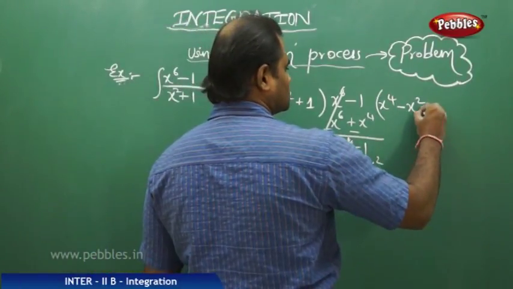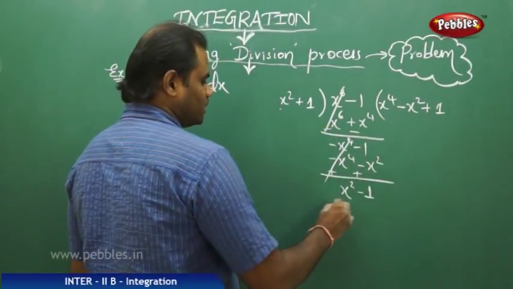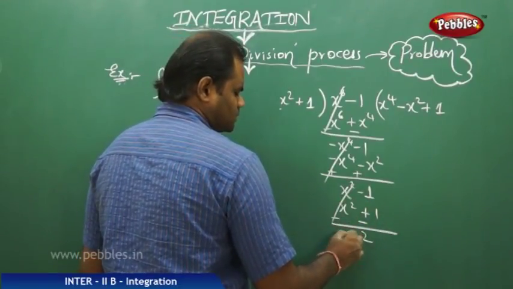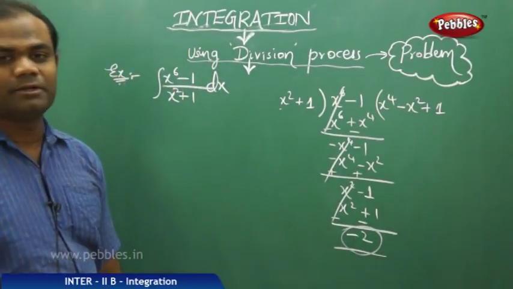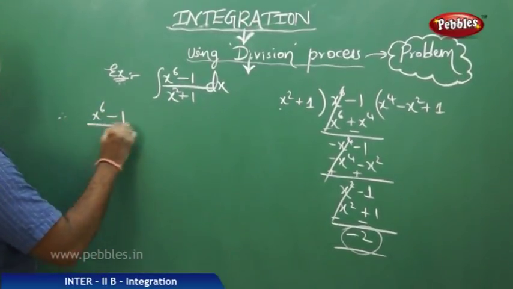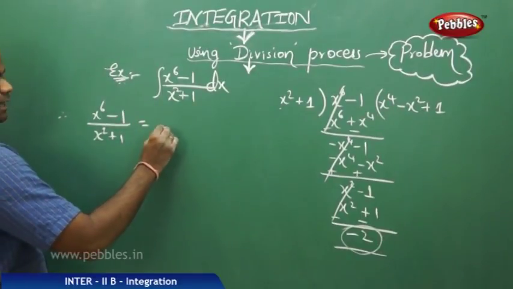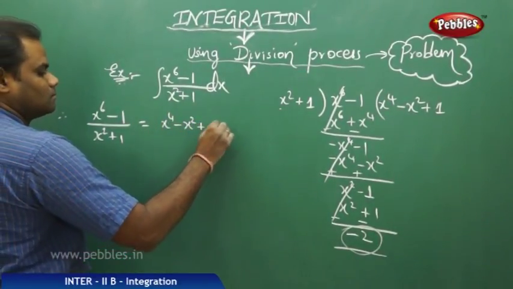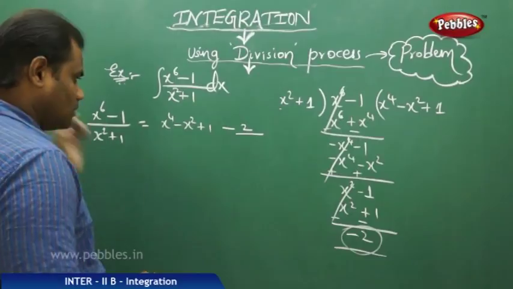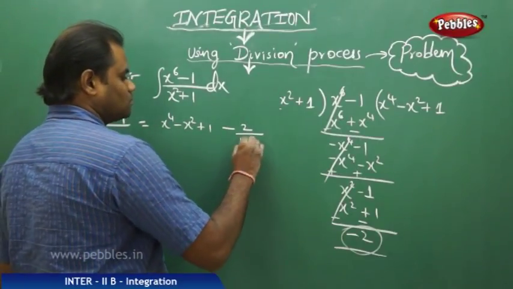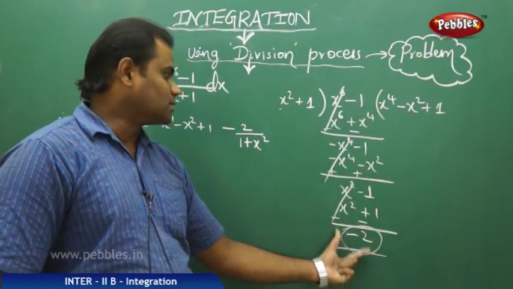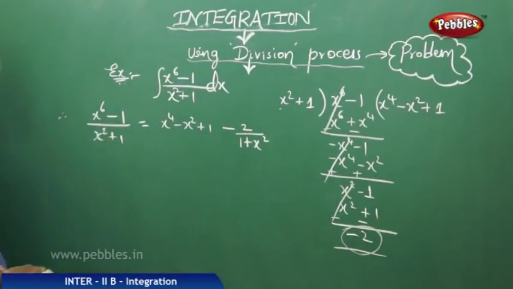And therefore this, on adding, gives us 1 times x squared plus 1, which gives minus 2 as the remainder. Therefore this term can be written as the quotient plus minus 2 by x squared plus 1. So we get this as minus 2 by 1 plus x squared, when I split this into the mixed fraction.